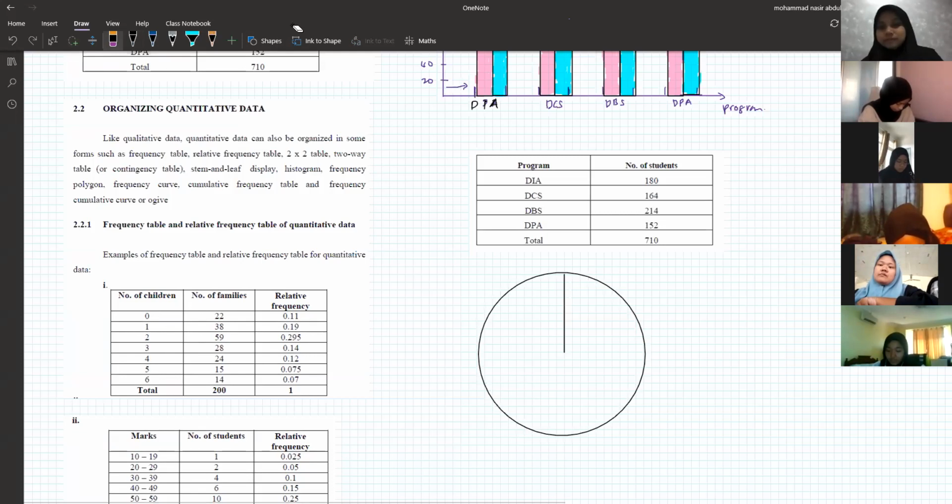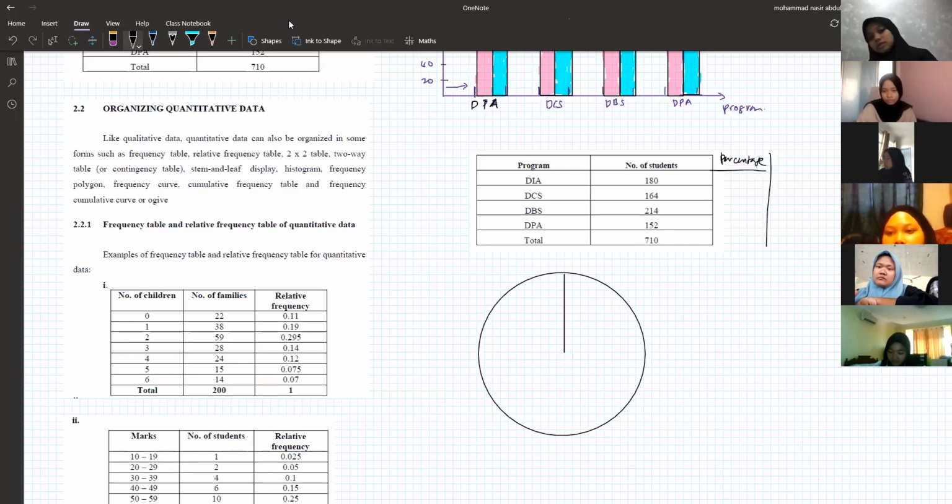So now, before we calculate the value of the angle, first we need to find the percentage of each category. So pie chart is suitable when you have a single value of a single qualitative variable.